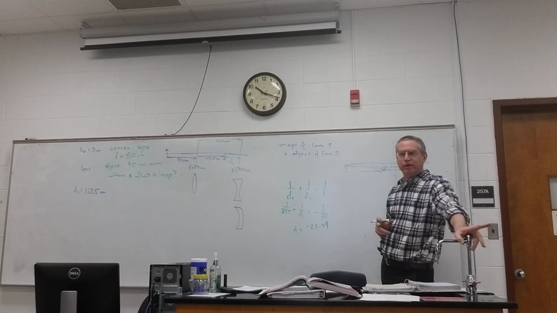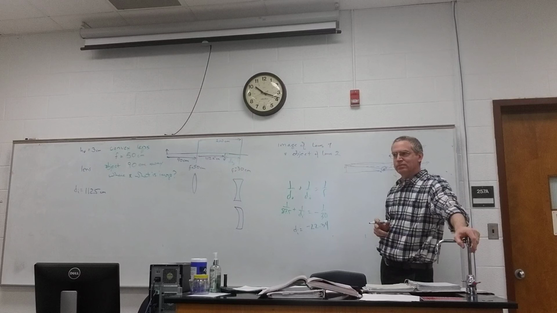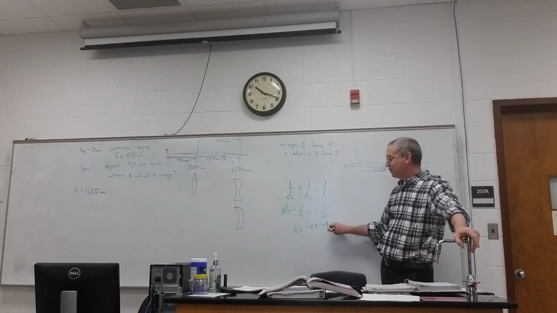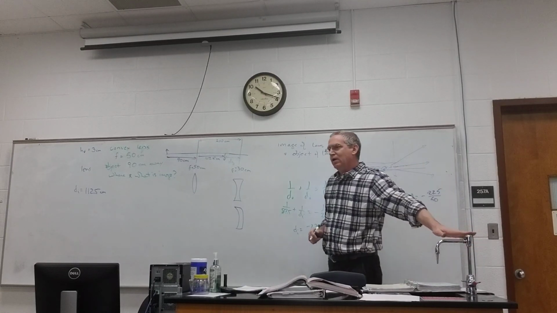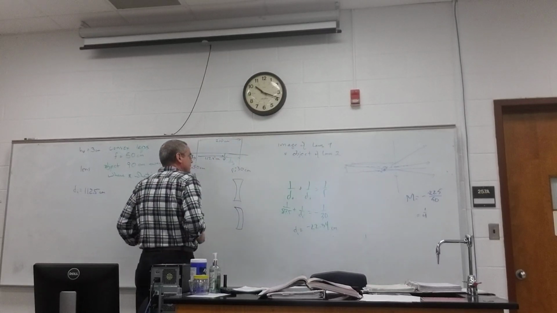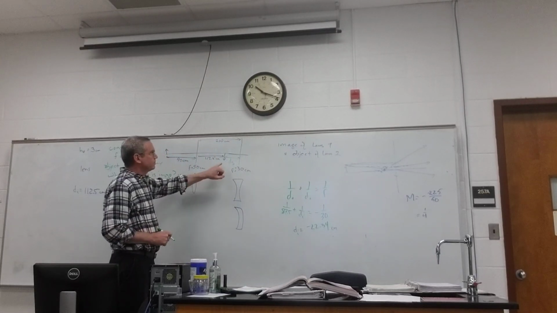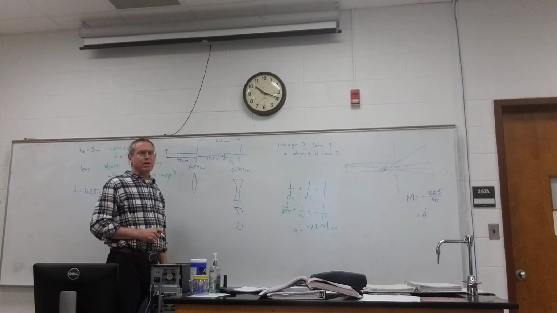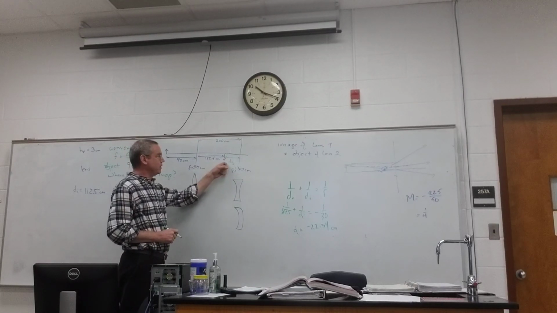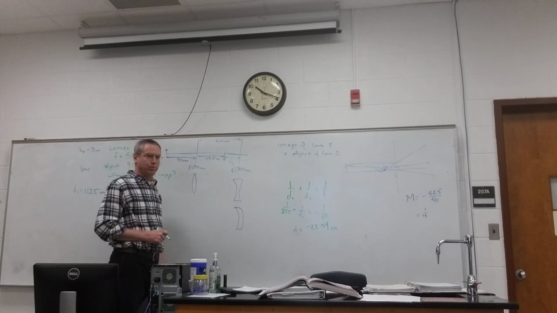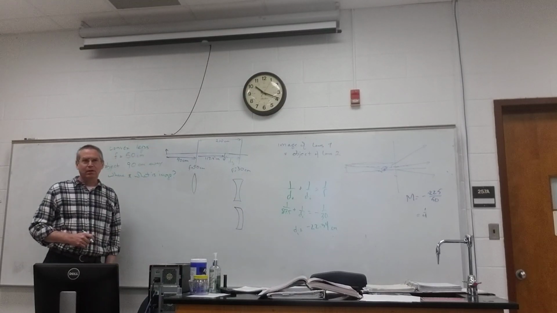That's what I got. All right, got 2. Do we have a third? Negative 22.34. All right, so that means, where is that image going to be? If I'm treating this as my object here, and that's my lens, and I get negative 22.34, where is that image going to be?